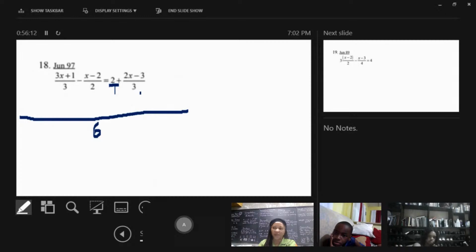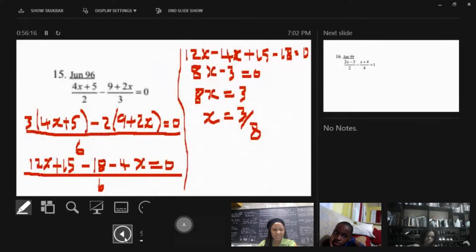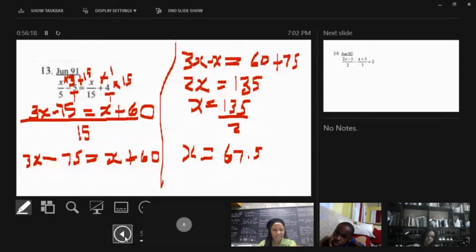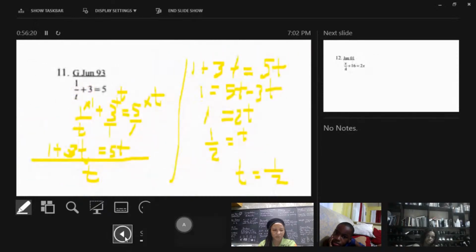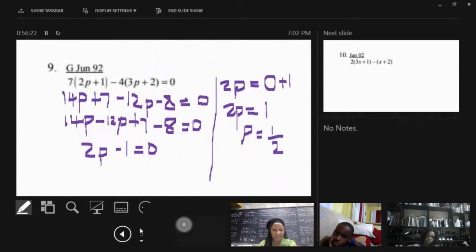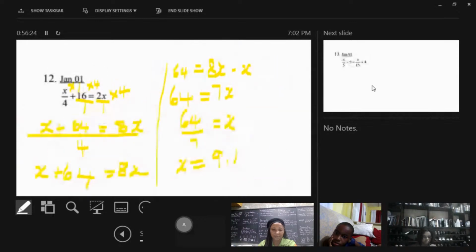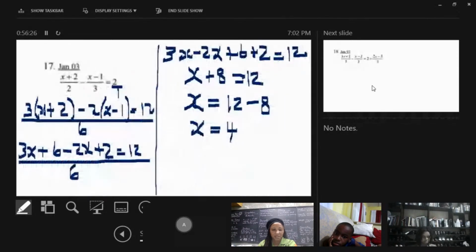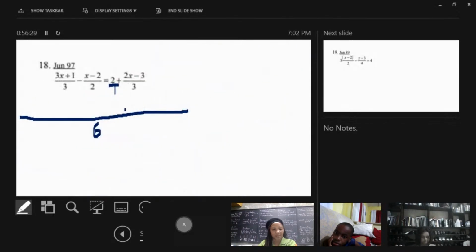Have you found any other LCM that was not 6? Yes, 15, 4, but most of them is 6. So this is a common LCM that CSEC uses. All right, go ahead.